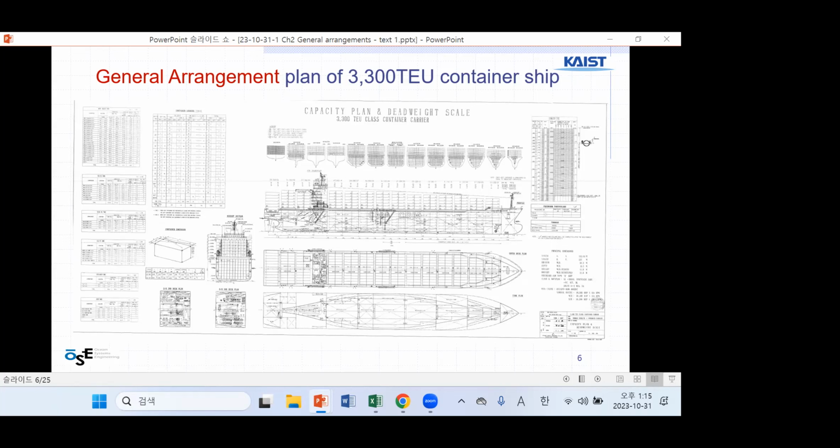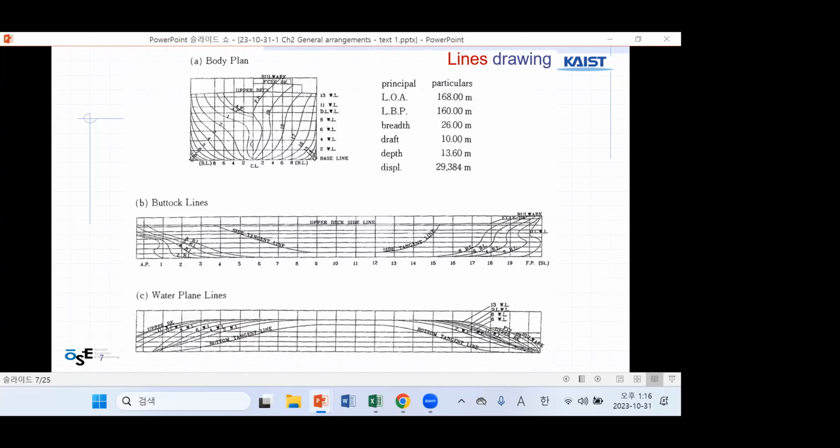And this is a lines drawing. So this is something like a map. You see that the curved shape of the ship can be described in this.